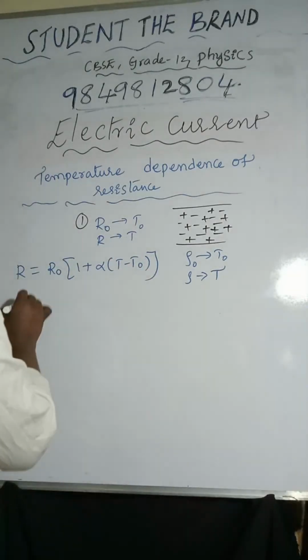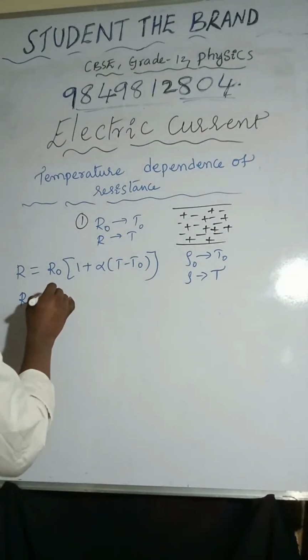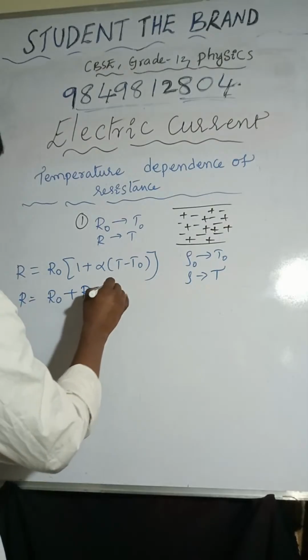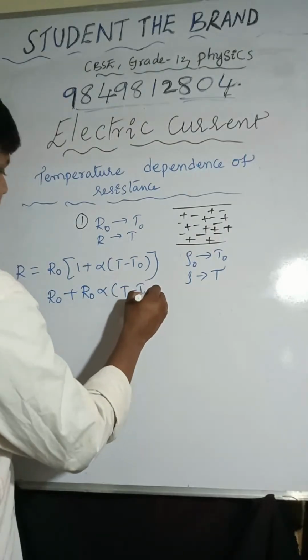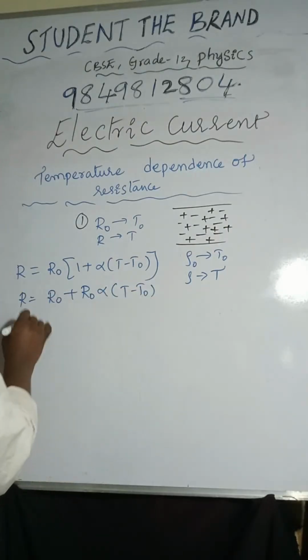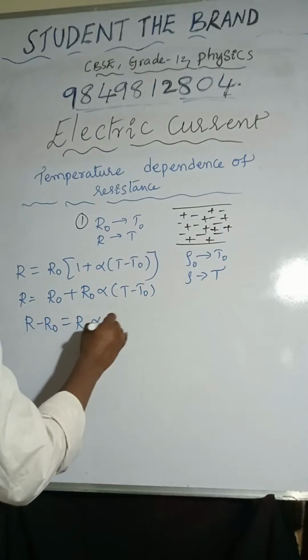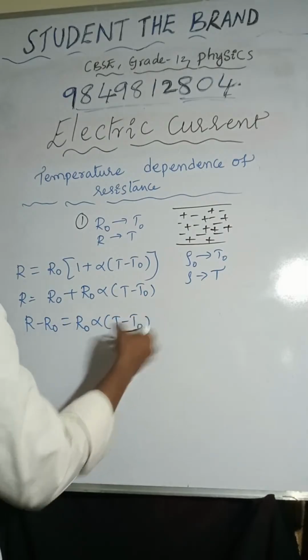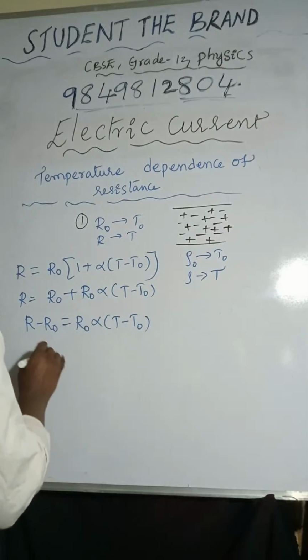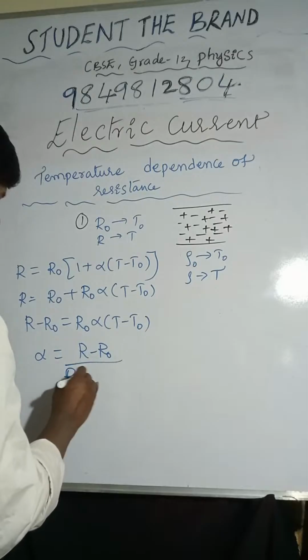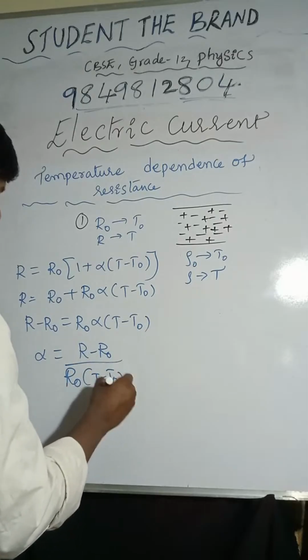Then R minus R naught equals R naught into alpha into T minus T naught.